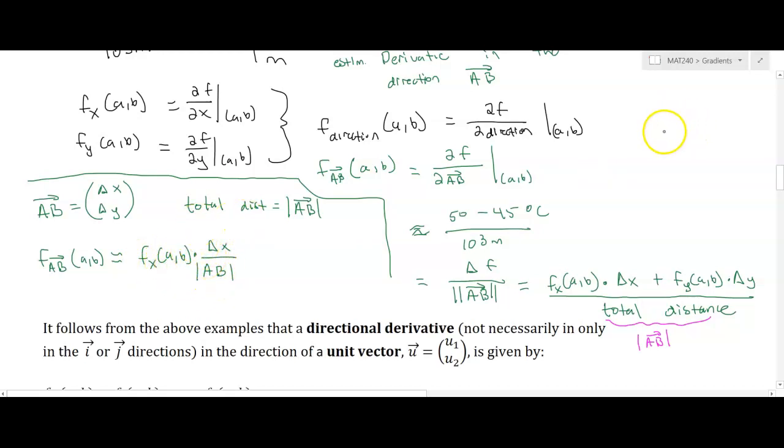So, for instance, if I took 3 times 4 divided by 2, I don't divide 3 by 2 and 4 by 2, because this is really 12 divided by 2, which is 6. But I could take 3 times 4 divided by 2, that would be 3 times 2, which is 6. Or I could take 3 halves times 4, 3 halves is 1.5, 1.5 times 4 is 6. And then the second term, f sub y at the point a comma b, multiplied by delta y divided by the magnitude of AB.